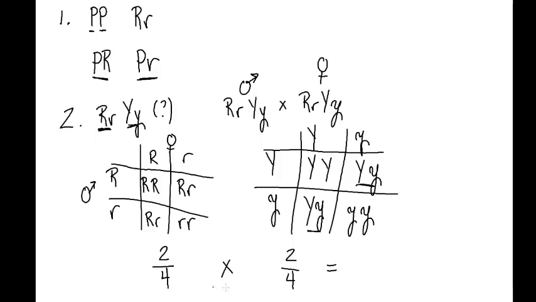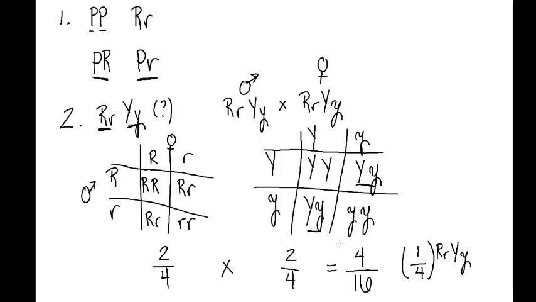So 2/4 times 2/4, you multiply across the top and you get 4, and across the bottom you get 16, which is 4 out of 16, or 1/4 of the time.